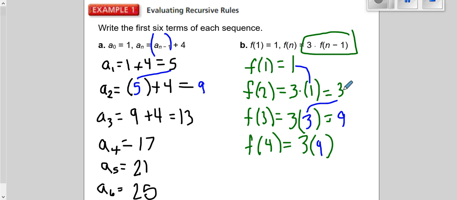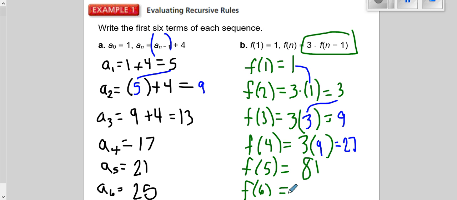So 1 times 3 is 3. 3 times 3 is 9. 9 times 3 is 27. 27 times 3. 81. 81 times 3. So we start with 1, and then you multiply by 3 each time. So 1, 3, 9, 27, 81, 243.